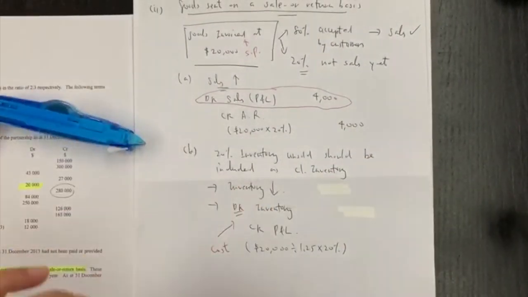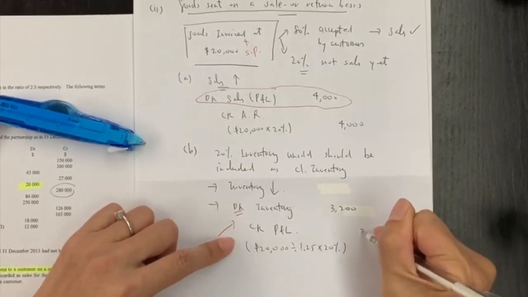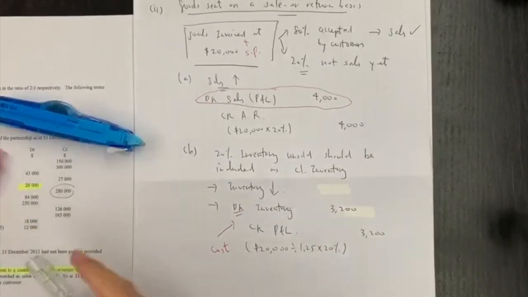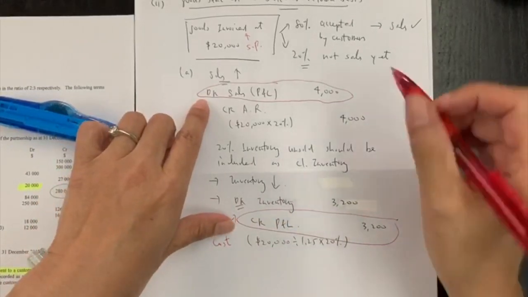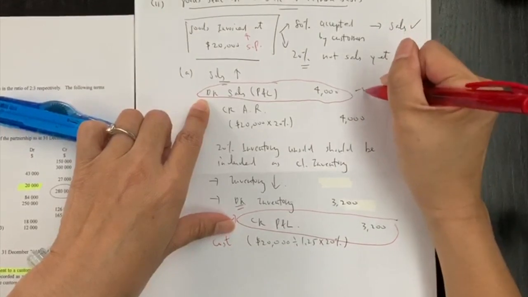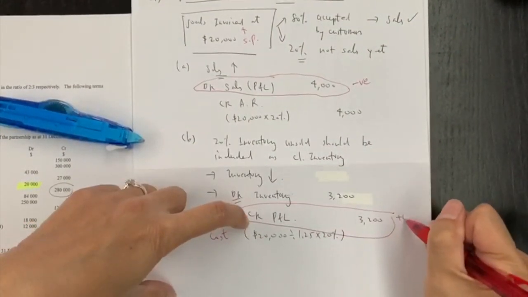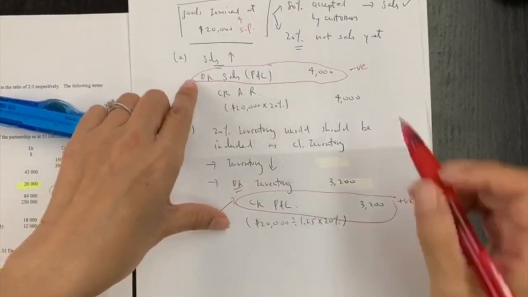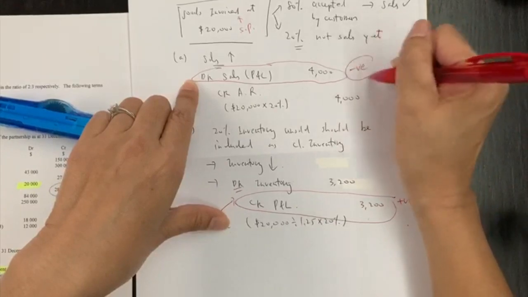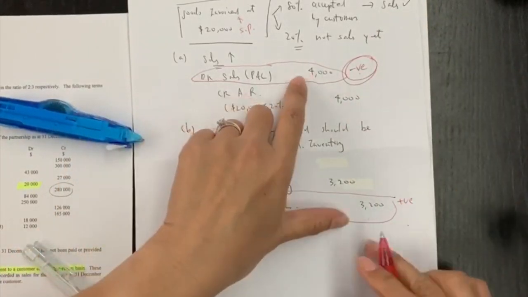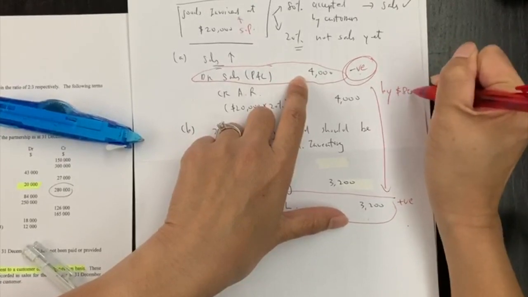So it will be debit inventory 3,200 and 3,200, and here. Okay, so debit profit and loss is negative. All right, credit profit and loss is positive. If we combine these together, the negative side is bigger by the difference, which is 800.